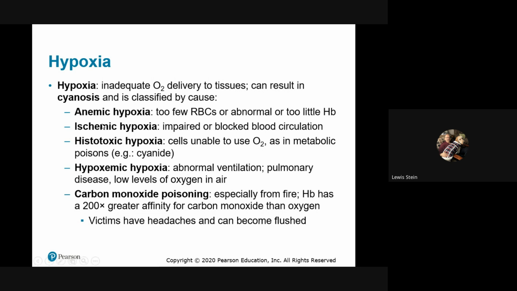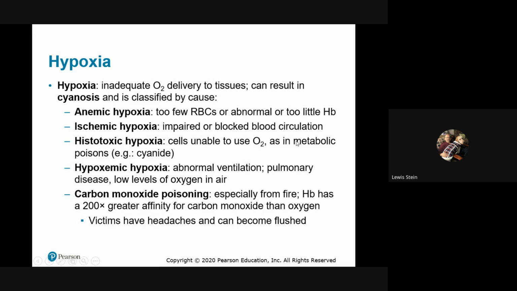Okay. So again, you can have hypoxia from impaired or blocked circulation. We see ischemia more regionally, like a diabetic with a blockage going into an extremity. The heart would be ischemia, the brain would be ischemia. Histotoxic is a fancy name for poisons.